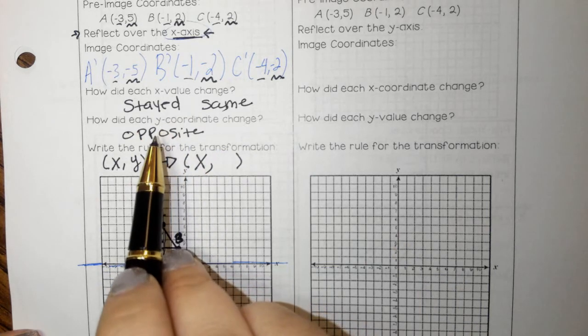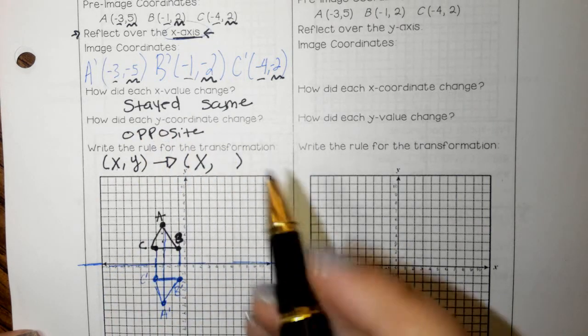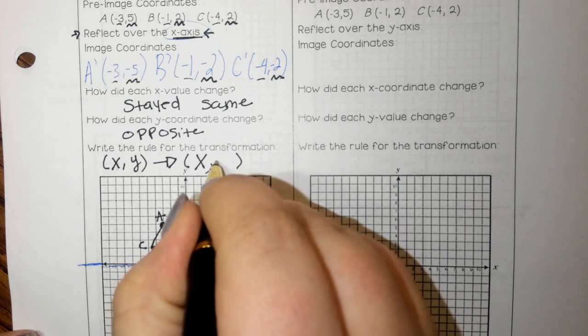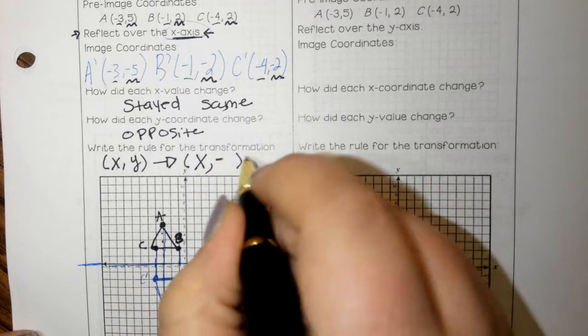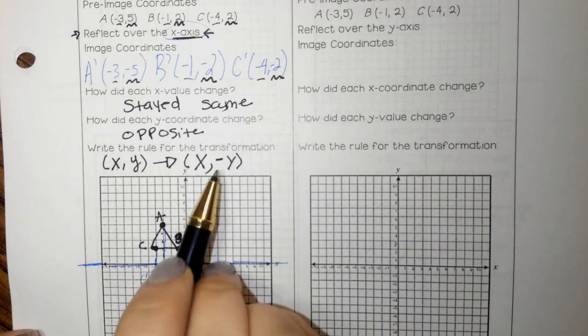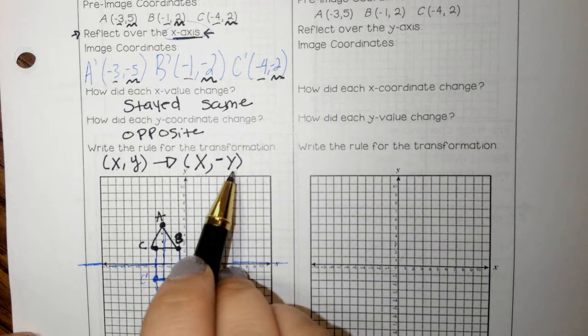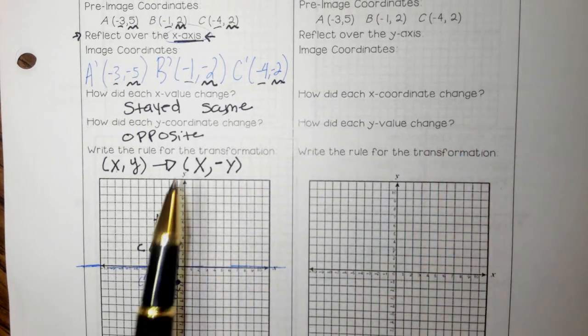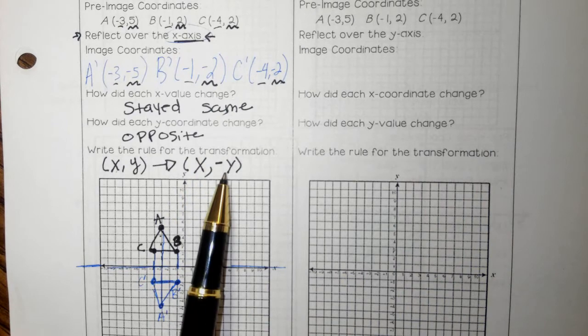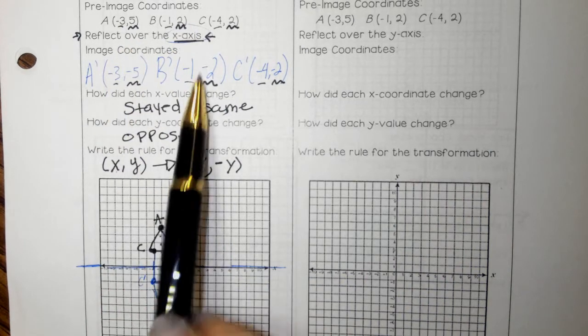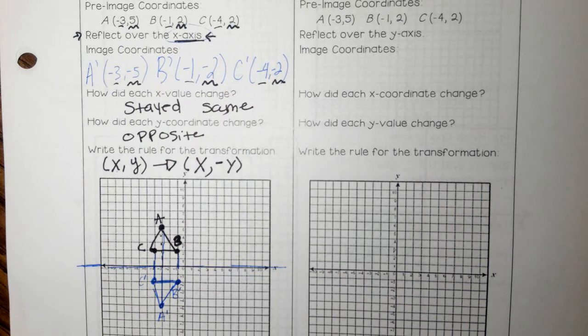The y values became opposite. Their sign just changed. To write opposite y, you write a little minus sign in front of y. That doesn't say -y, that says opposite y. So this says keep x the same and change the sign of y, which is exactly what we did in each of those coordinates.